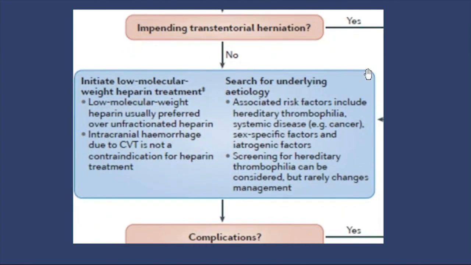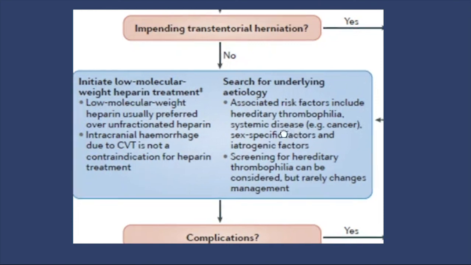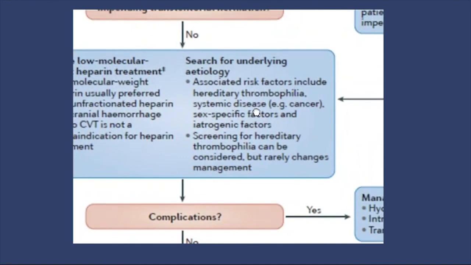If there is none, then initiate low molecular weight heparin treatment. And this is preferred to, unfortunately, heparin, except in cases that I'm going to highlight. And intracranial hemorrhage due to CVT is not a contraindication for heparin treatment. It occurs in so many places you read, so I think it's an important point to remember that you need to anticoagulate.